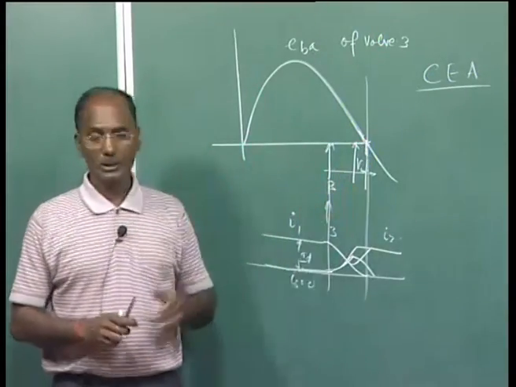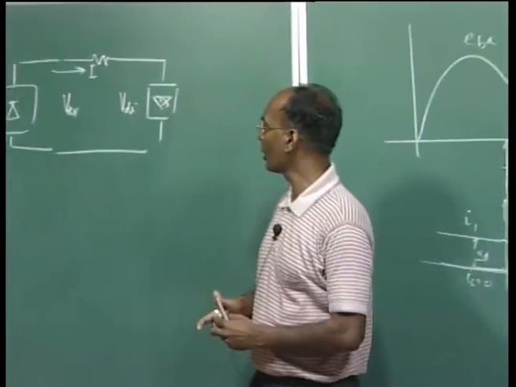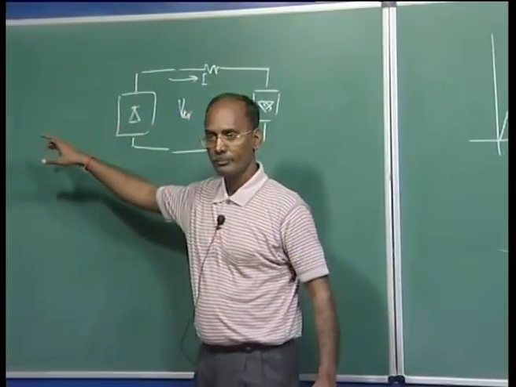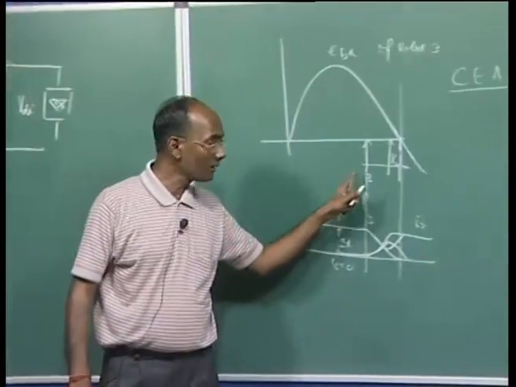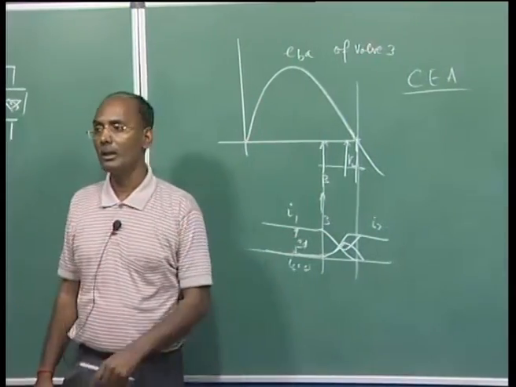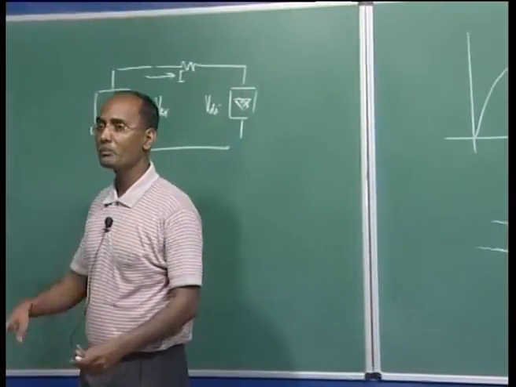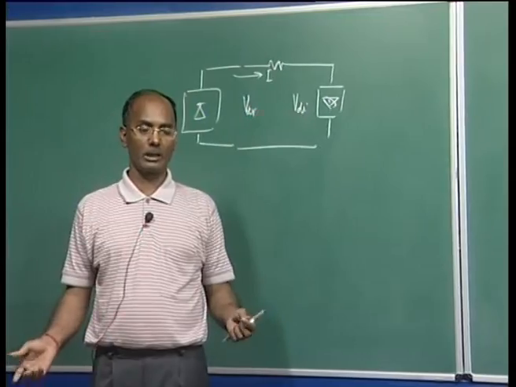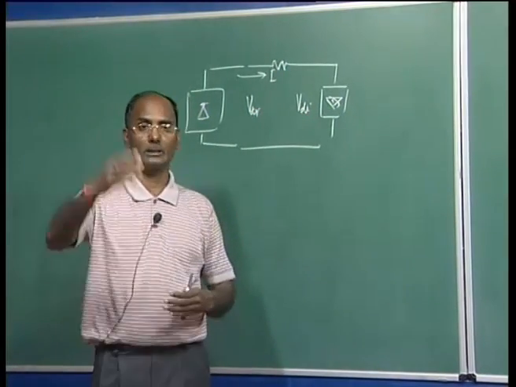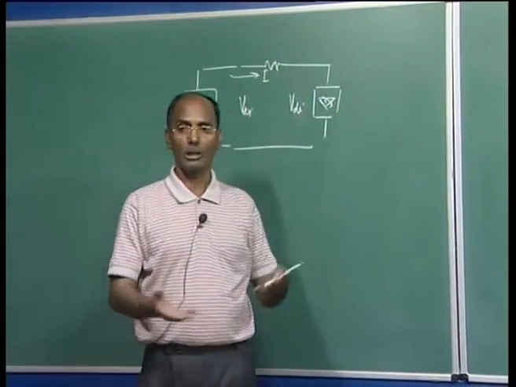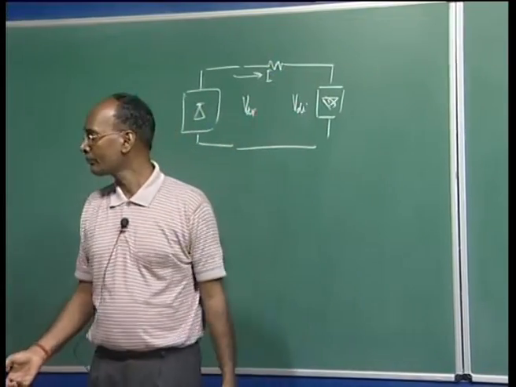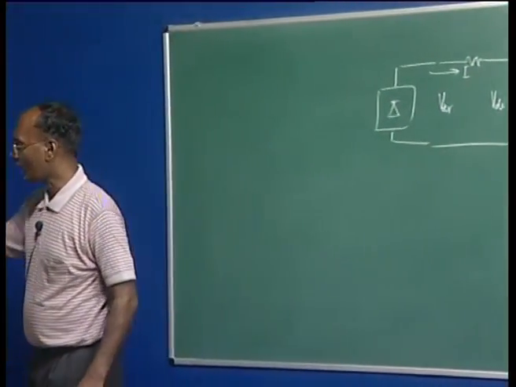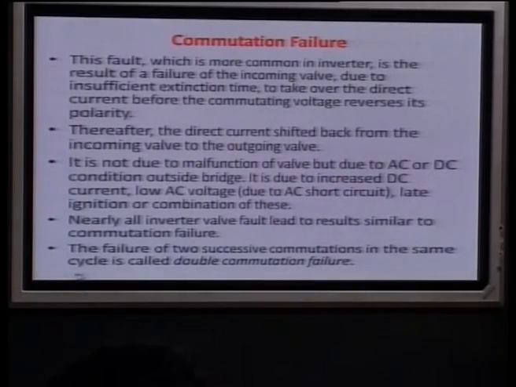So either a DC current increase, a low voltage on the AC side network, or a delay in the firing angle will lead to commutation failure. It may also be a combination of these, not only individually; the current may increase and the voltage may be low at the same time. Then commutation failure may occur. That is why it is written that late ignition or a combination of all these three problems may lead to commutation failure.